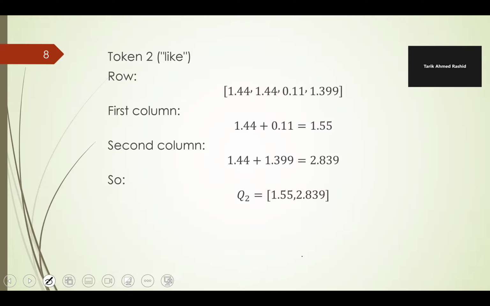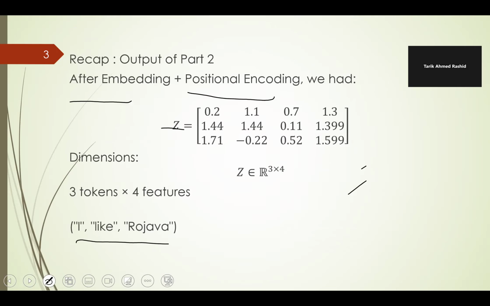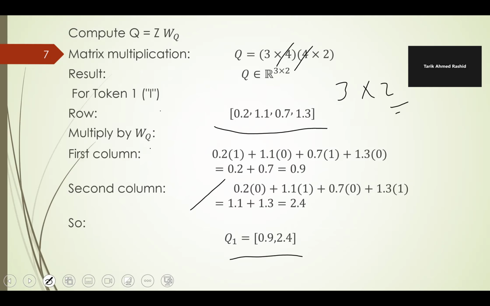Now we do it for "like." Again, this row, we'll multiply by the first column and the second column, and we will get two values again.